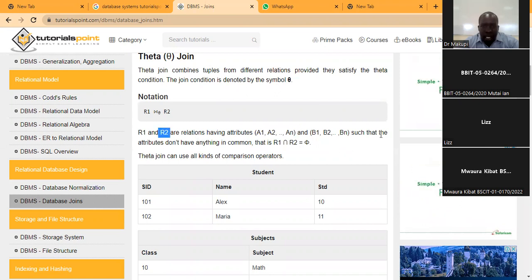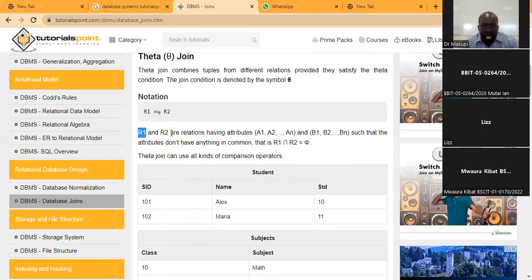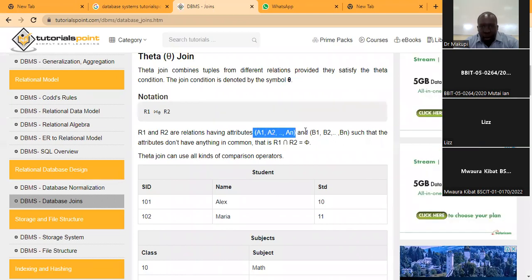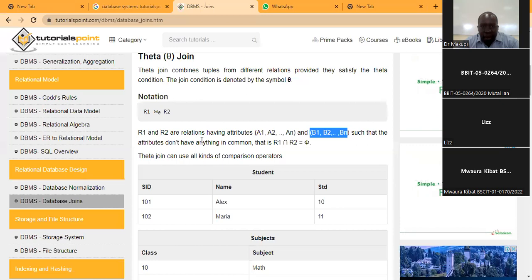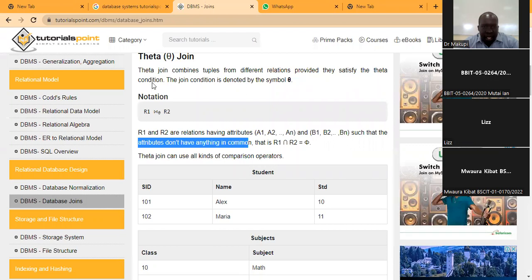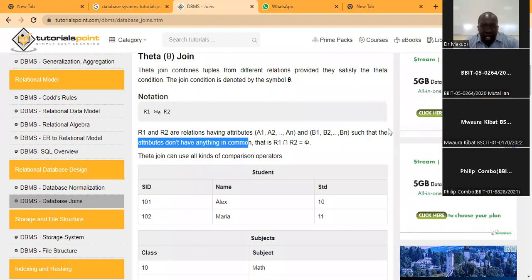R2 has attributes, maybe ID again, customer ID, customer age, and salary, like that. So we have relation 1 and relation 2 having, for example, relation 1 as A1, A2, relation 2 as B1, B2, such that the attributes don't have anything in common. Can you get this? Theta join happens when there are no attributes in common.